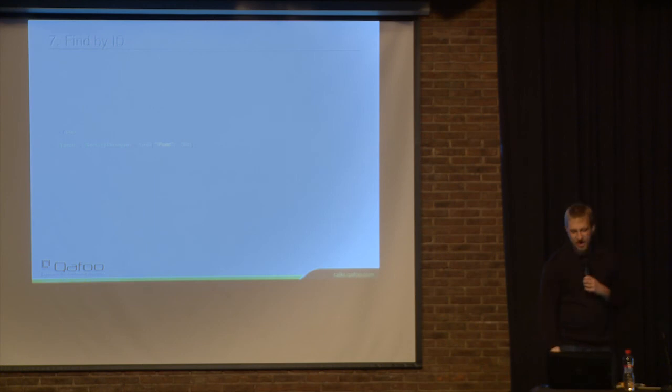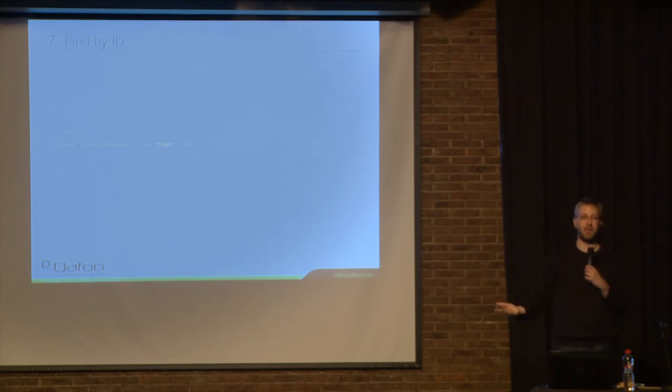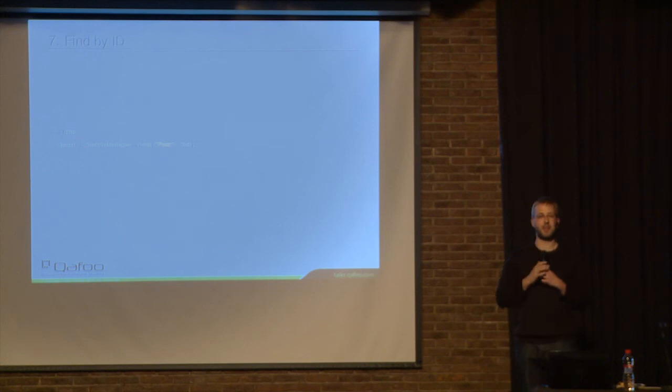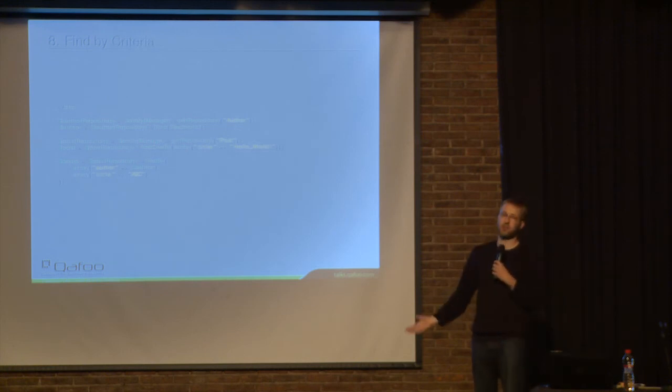So the first case, finding objects by ID, on the entity manager again, because it's the access point to all our operations with Doctrine, we can call the find method, pass it an object name and an ID, and it will return the object. Or if the object doesn't exist in the database, it will return null. So very, very simple. The next API using some simple criteria, it's using a concept in Doctrine that we call repository.